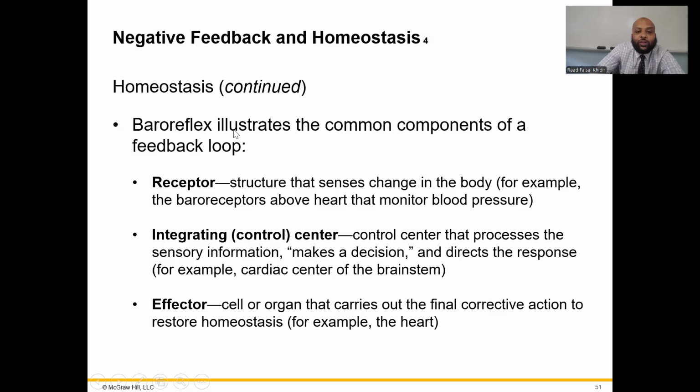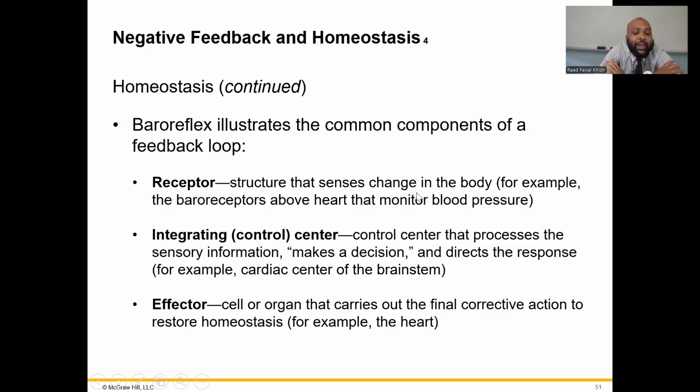So the baroreflex illustrates the common components of a feedback loop. So we have a receptor. The receptor is a structure that senses. So here the sensor is the receptor that senses change in the body. For example, there are baroreceptors above the heart that monitor the blood pressure in the vessels.